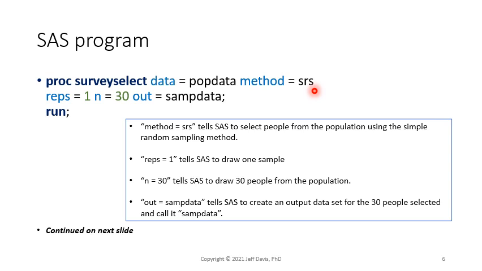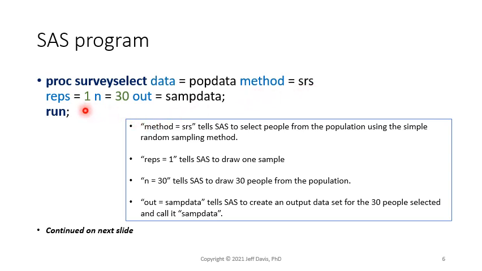SRS stands for simple random sampling. It's going to set up a selection mechanism that gives everybody the exact same chance of being selected into the sample.